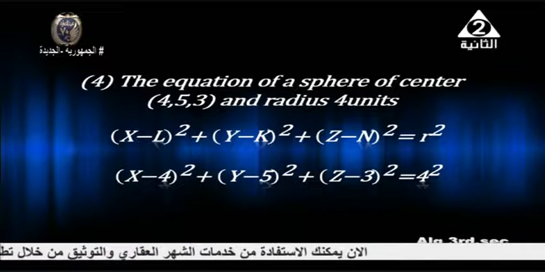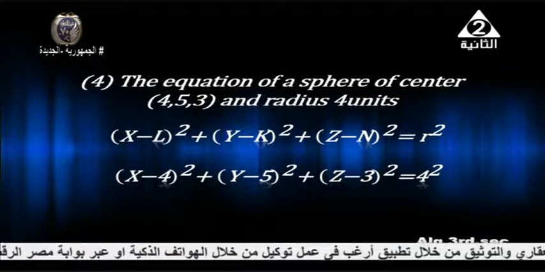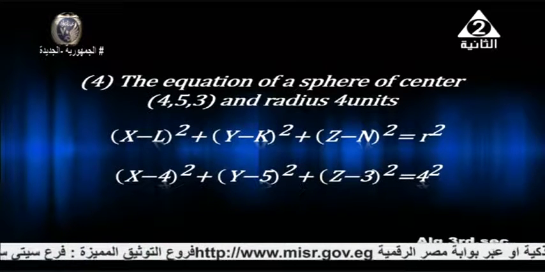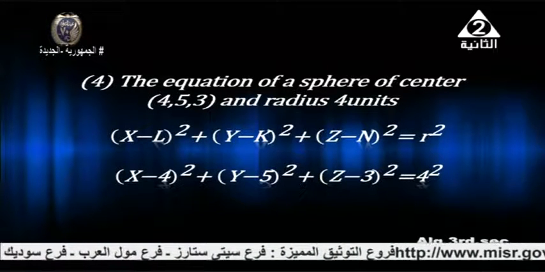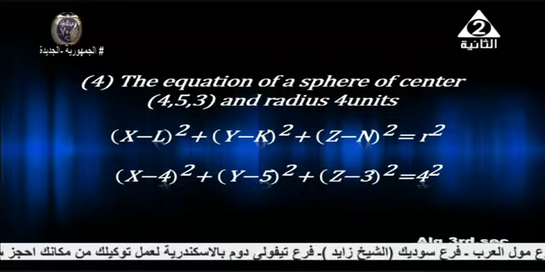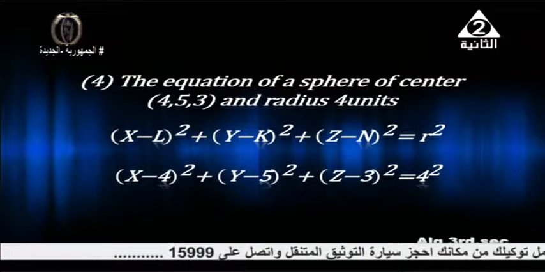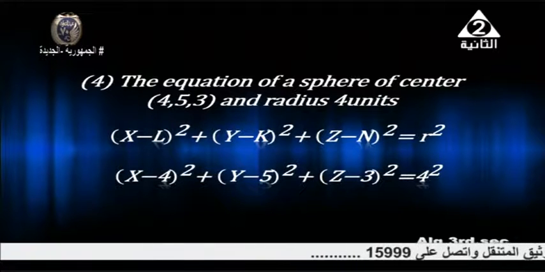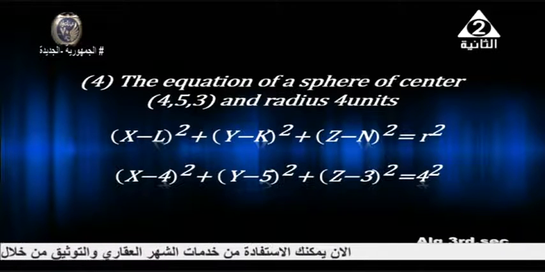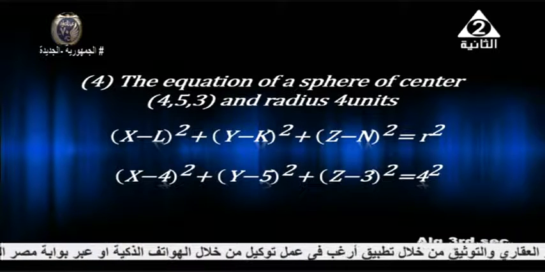If the required form is the general equation, we expand each bracket. (x minus 4) squared equals x squared plus 16 minus 8x, plus y squared plus 25 minus 10y, plus z squared plus 9 minus 6z, minus 16 equals 0. Both x squared plus y squared plus z squared, after that the x coefficient, y coefficient, z coefficient, and the constant d equals 0.